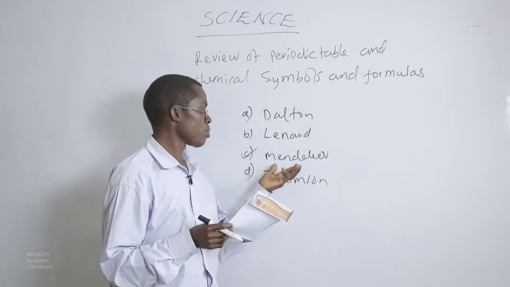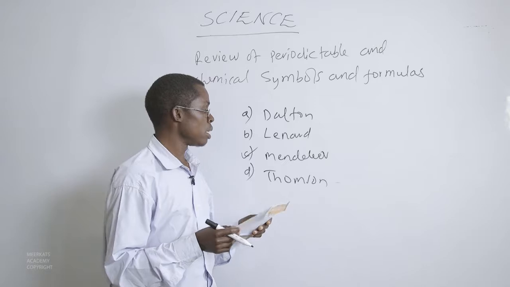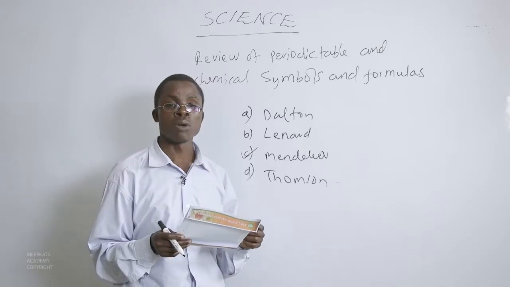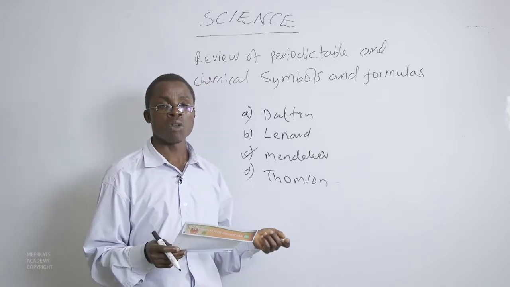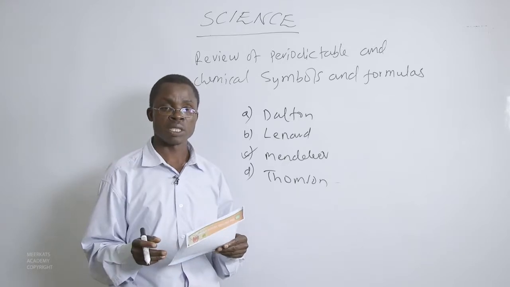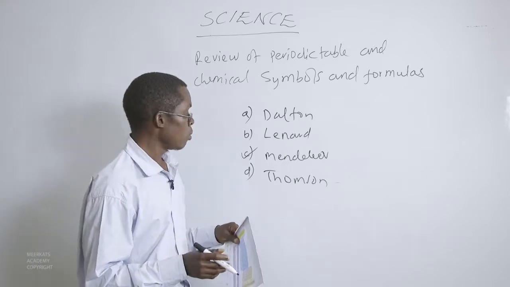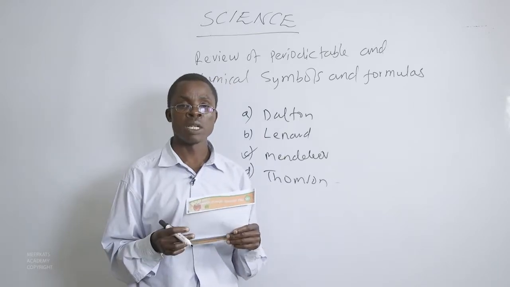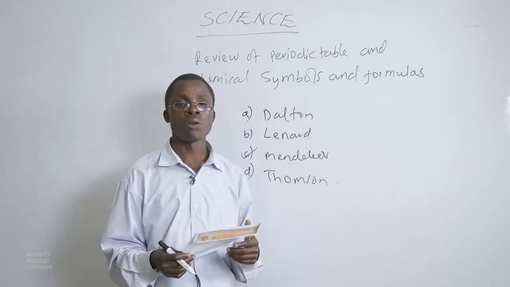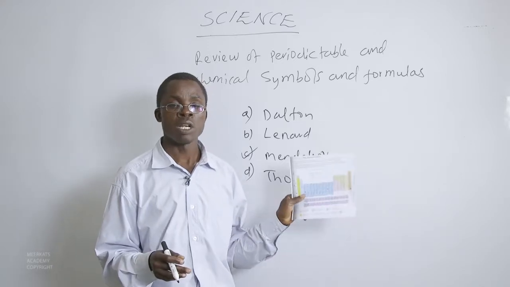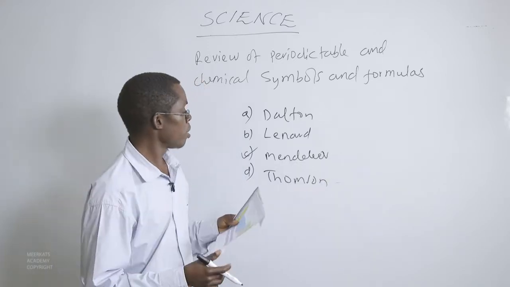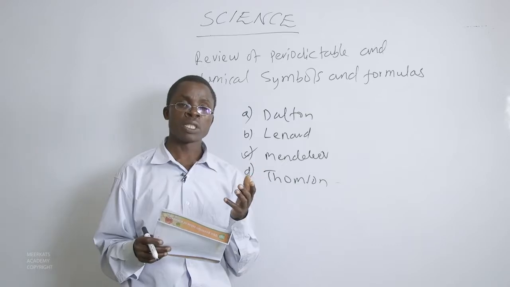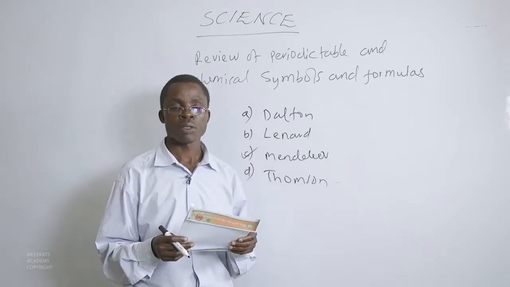Mendeleev was the one who came up with a simple idea of how the periodic table should be arranged, and he started off by using the mass, which, because of the many problems he encountered, he couldn't finish the whole periodic table as we are seeing it today. Some of the problems he faced was masses due to isotopes.